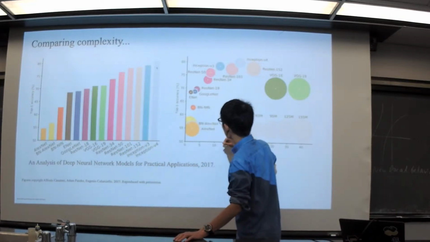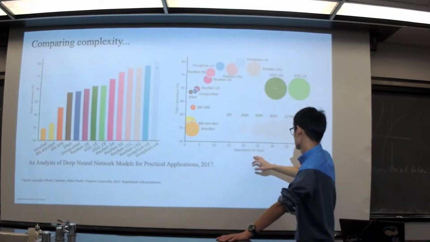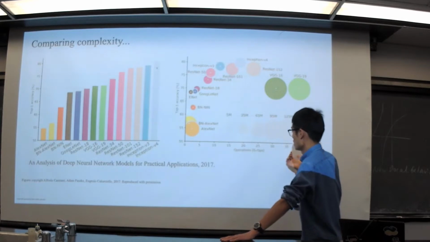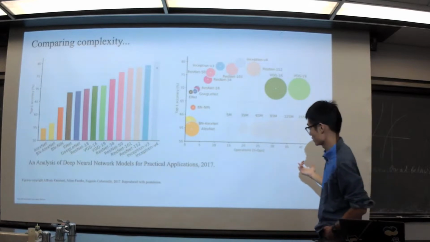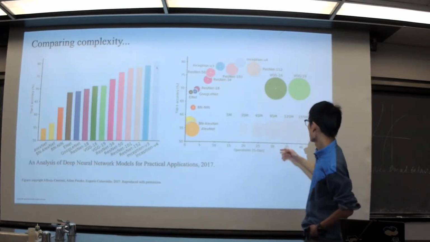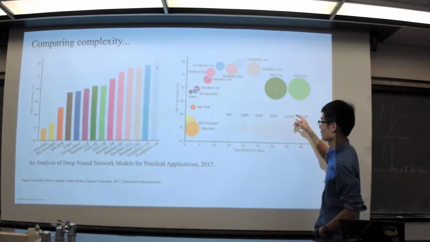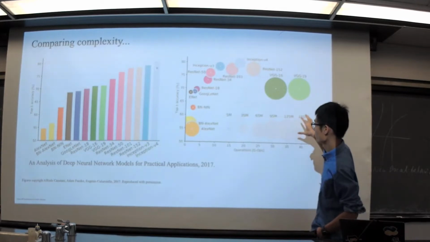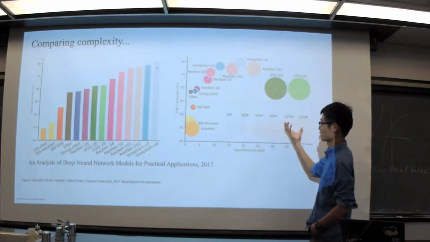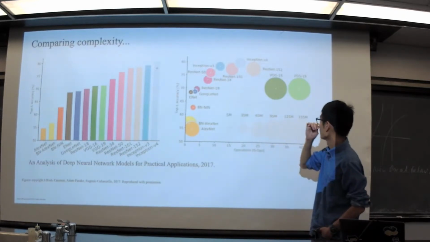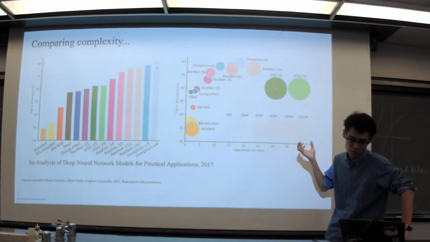Here's the accuracy, right? Here are the operations, which means how much time it takes when you do the prediction with this network. And the size of the circle means how much memory it needs, the parameter size. It has like 5 million parameters or 100 million parameters, which determines how much GPU memory you need.